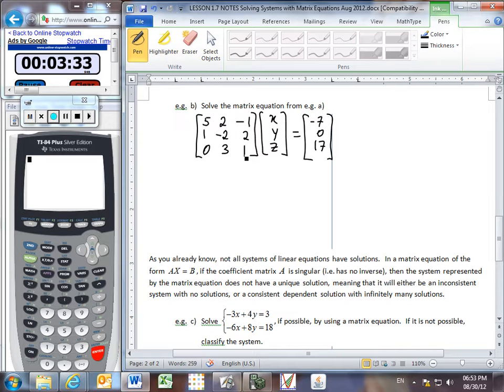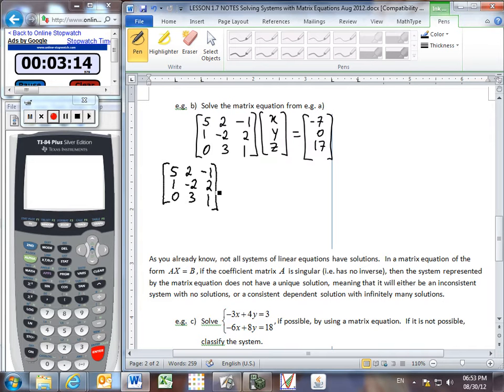So there's our matrix equation. We need to solve this. Now remember that the principle is that we are going to pre-multiply both sides of the equation by the inverse of matrix A, by the inverse of our coefficient matrix. So we're taking 5, 2, -1, 1, -2, 2, 0, 3, 1.